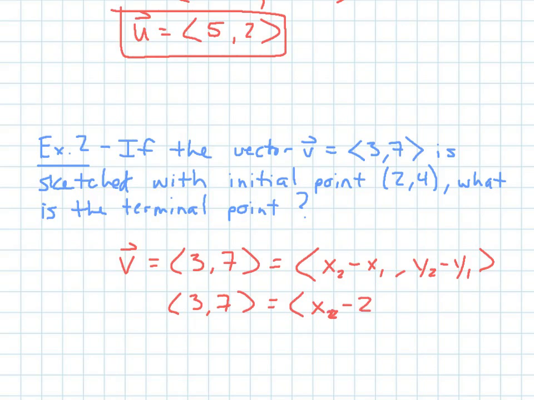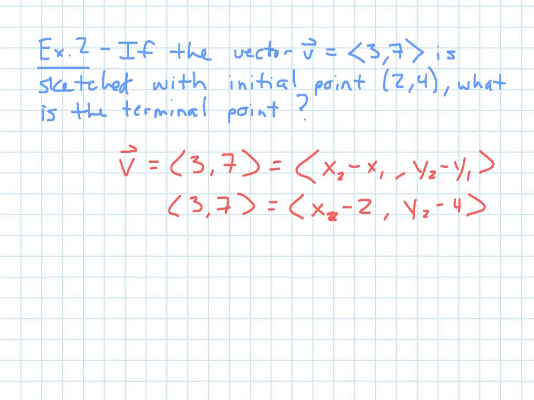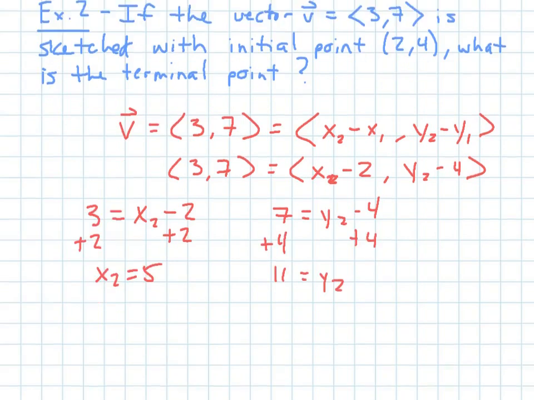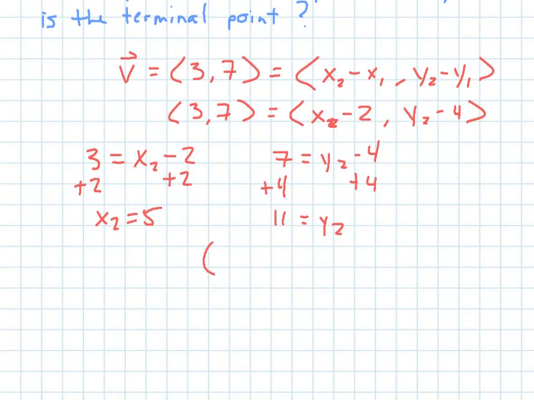So there's your initial x, and then there's your initial y. So if you set up equations to do that, so 3 equals x sub 2 minus 2, and 7 equals y sub 2 minus 4, then you can solve. So add 2 over. So x sub 2 must be 5. You added 4 over. And then y sub 2 must be 11, so your terminal point has got to be 5, 11.